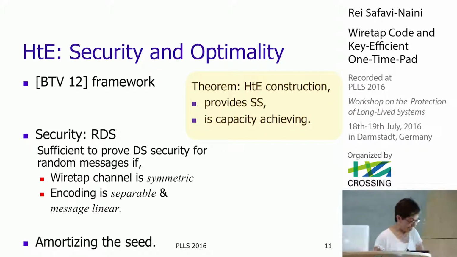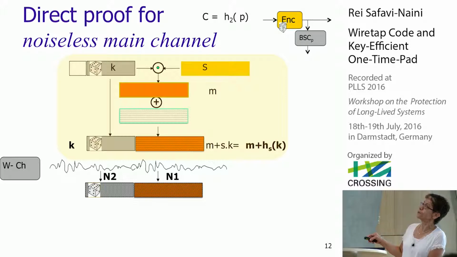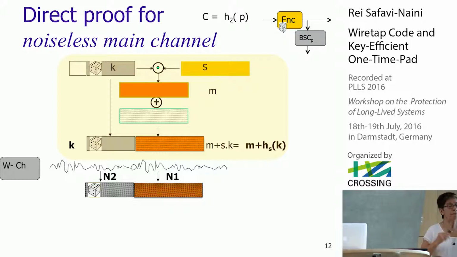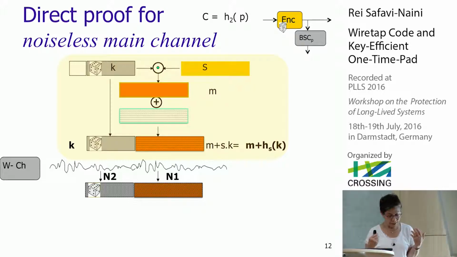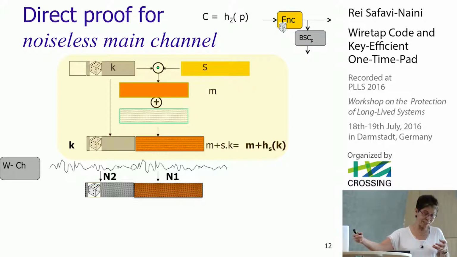Okay, so that's the general construction, which we saw is very simple. Then the part that I'd like to show is a special type of scenario, where your main channel is noise-free. In many applications, we saw that the noise in the main channel is something that we have to remove, because the receiver has to have reliable reception.